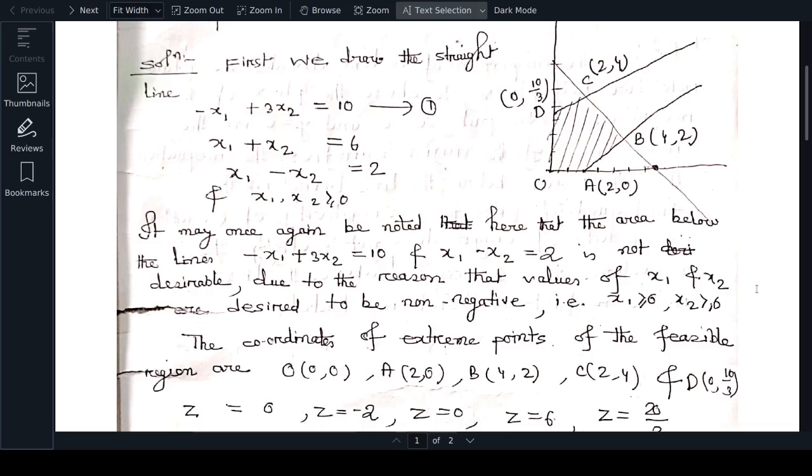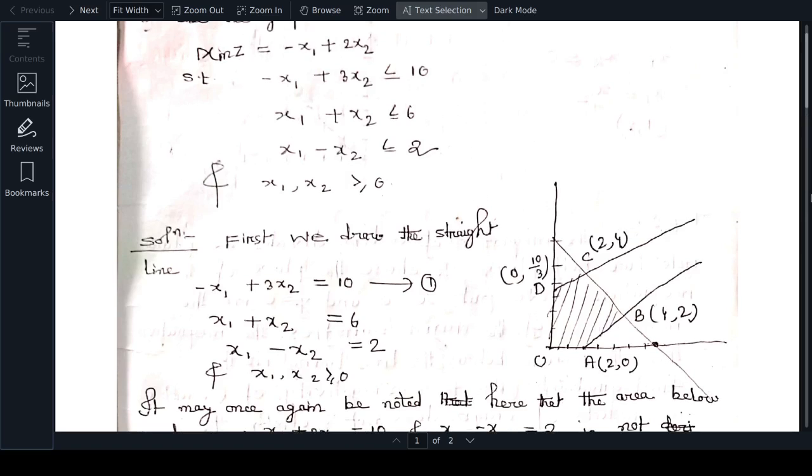Simple answer: when 0, 0 is put in x1 and x2 in the first inequality, it is less than or equal to 10. So 0 less than or equal to 10 satisfies. So we checked the point 0, 0, and it satisfies.